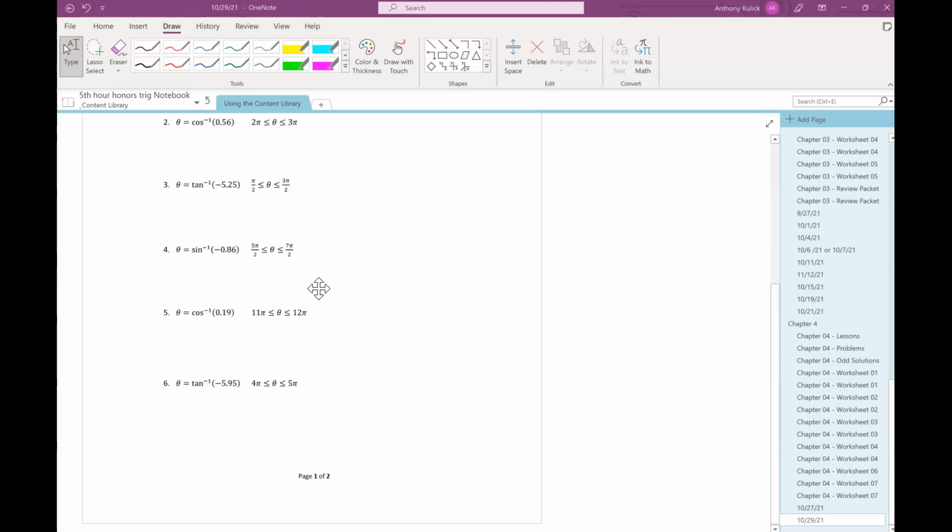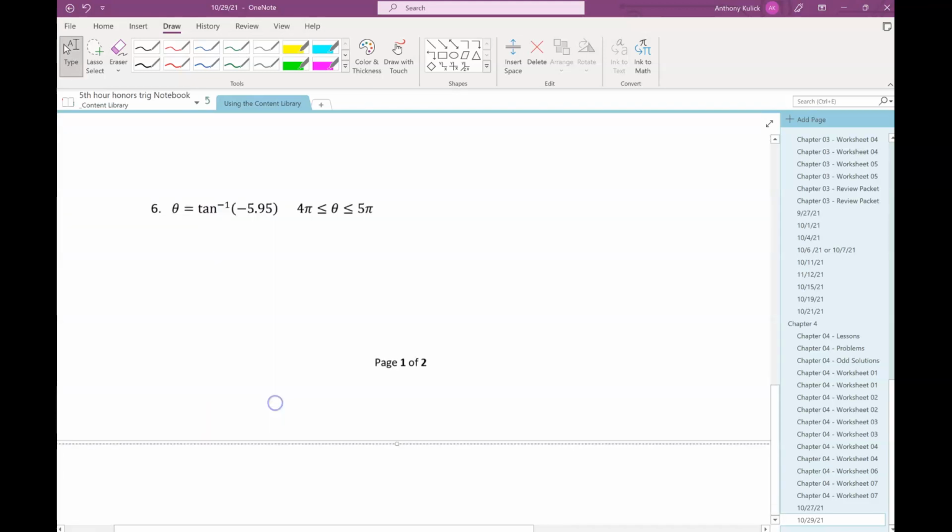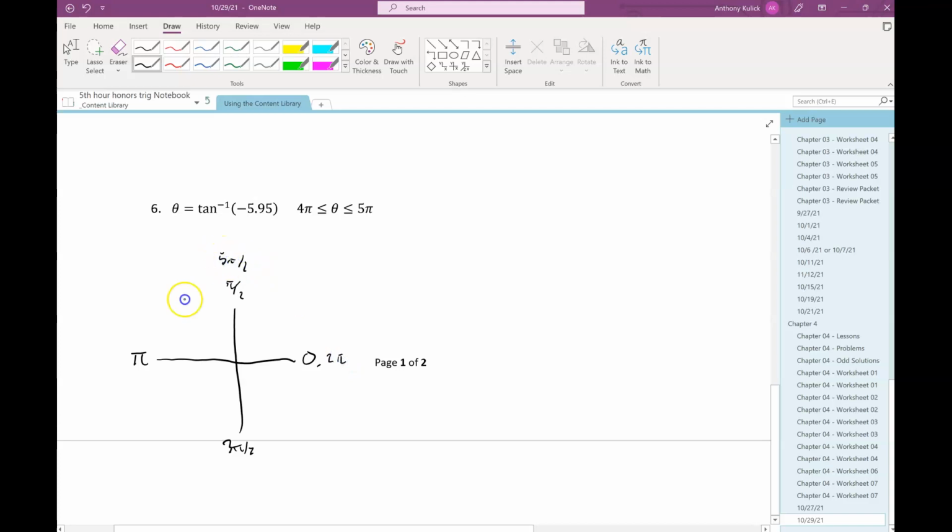All right, so number 6. So I'm going to start by drawing my picture. 0, pi over 2, pi, 3 pi over 2, 2 pi, 5 pi over 2, 3 pi, 7 pi over 2, 4 pi, 9 pi over 2, and then 5 pi.